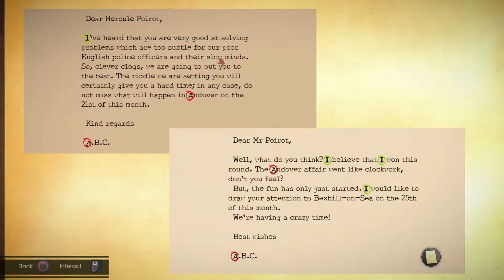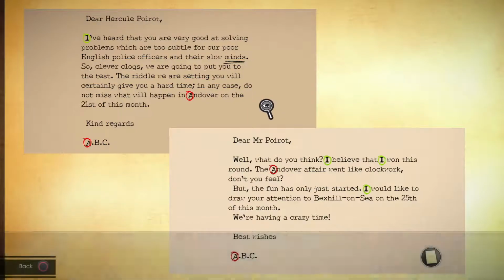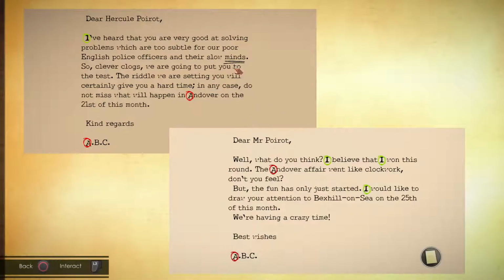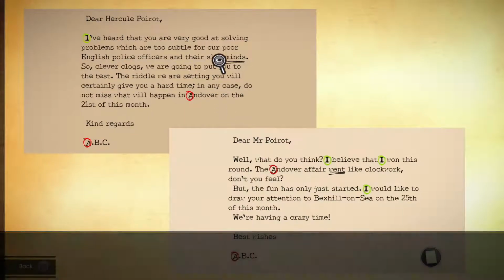The W is faded. Let us examine the characters in this word. That's not what I was going for. I want the W. The W is not printed properly.